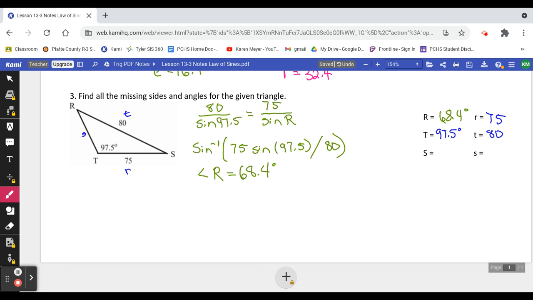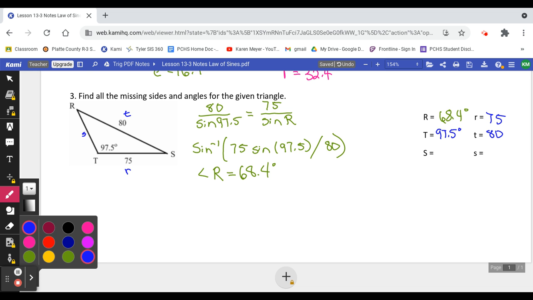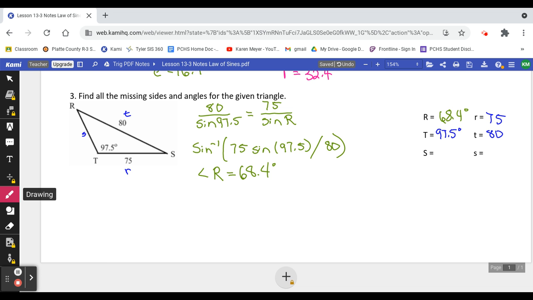Okay, now I can find the other angle because if I know two angles, I can do 180 minus. So now I would start with 180 minus 97.5 minus 68.4.